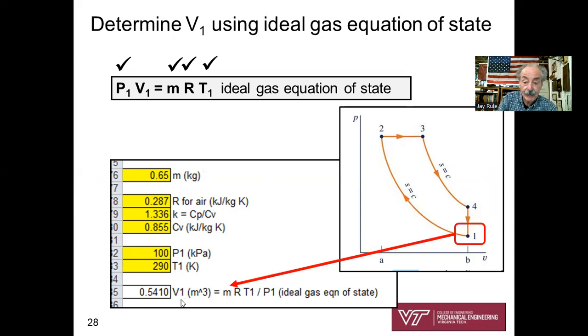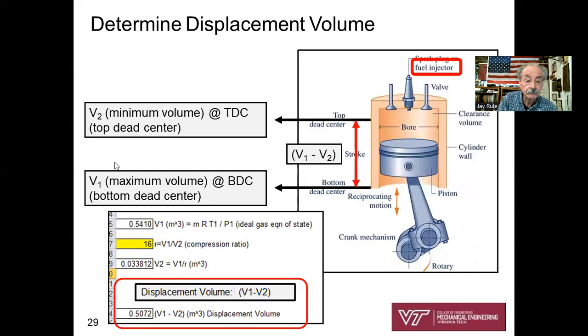Same computational approach: R for air, PV equals MRT, and you're going to get exactly the same volume, 0.541 cubic meters. Displacement volume: exact same approach because you're given the compression ratio. The displacement volume is exactly the same, 0.5072, V max minus V min.